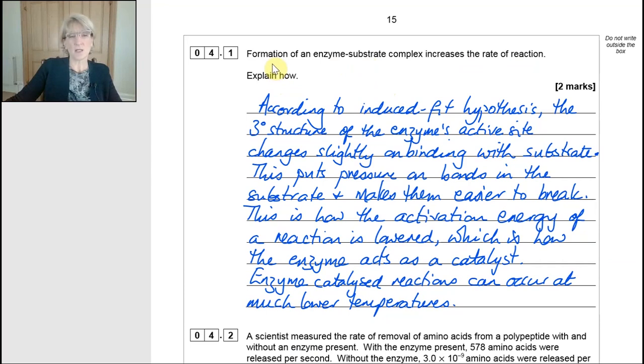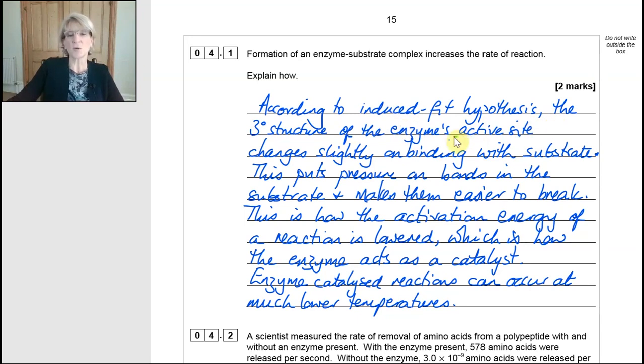This is asking you why an enzyme substrate complex increases the rate of the reaction. What is it about the enzyme substrate complex? I was thinking about the induced fit hypothesis, and as I was writing, I'm thinking I'm going to put that term in.